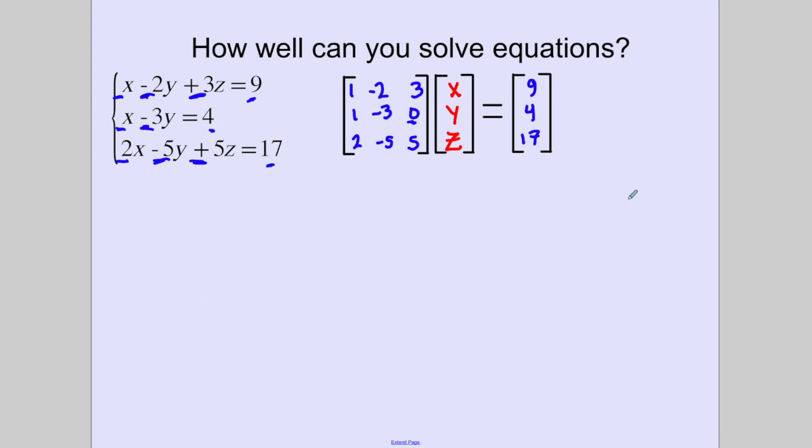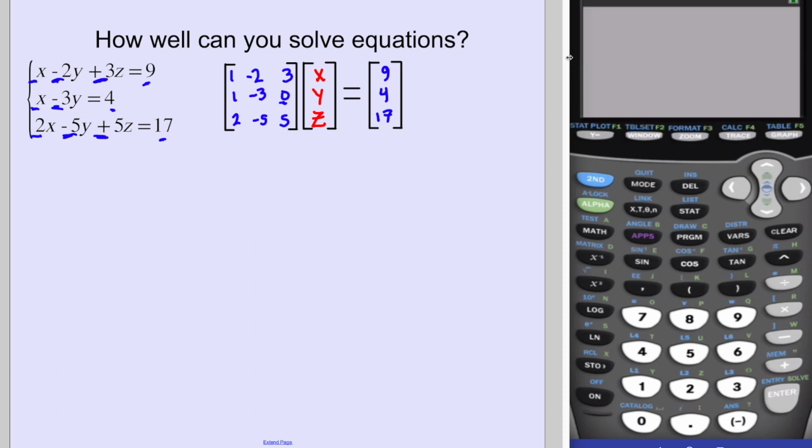Now this is the calculator part. So in your calculator, you'll just insert these matrices into A and B, like this, second matrix. And if you notice, I put the 3 by 3 in first. There it is. And then went to edit, put in B. So in B, I put my answers 9, 4, and 17 because remember, in order to solve this, what we're doing is this.